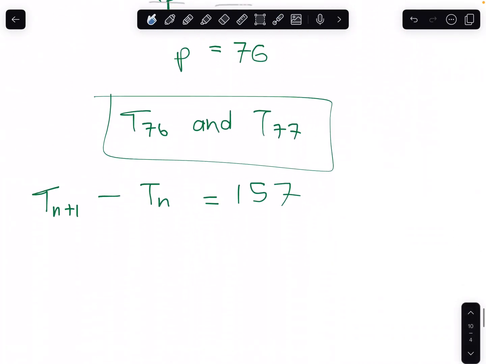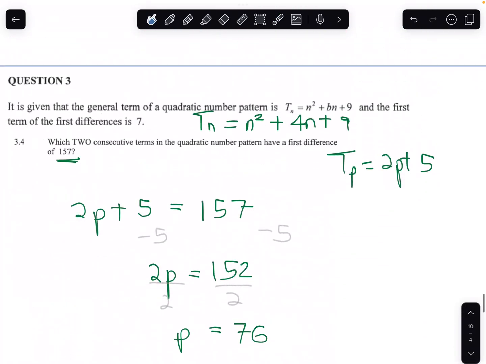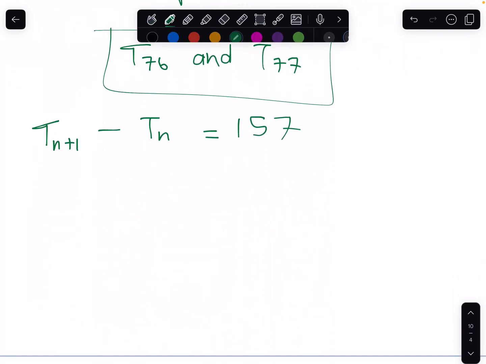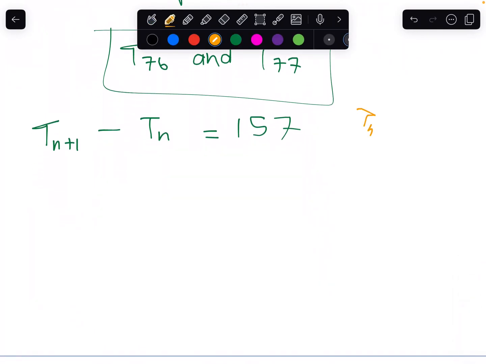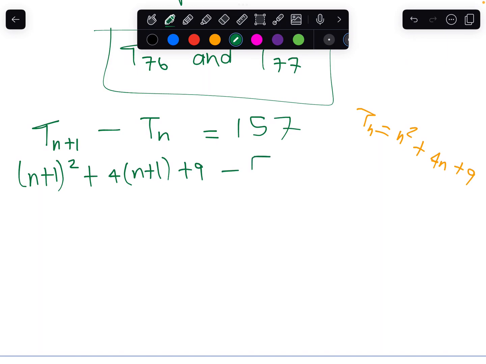Okay, so let me just write that rule down somewhere. So that is Tn is equal to n squared plus 4n plus 9. So now we'll start with Tn plus 1. So that will be n plus 1 squared plus 4 times n plus 1 plus 9 minus Tn, which is just exactly as it is in the rule, right?